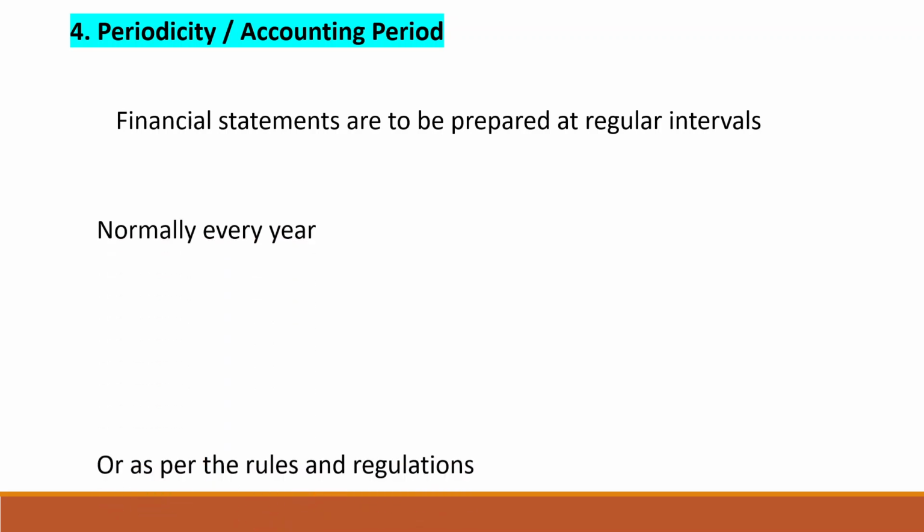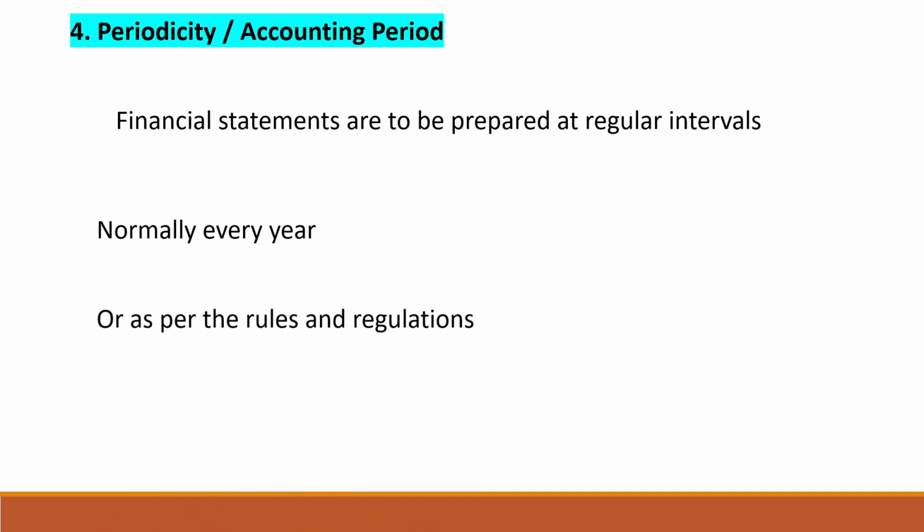But in certain cases, as per the rules and regulations, financial statements can be prepared quarterly as well. So we know that all the listed companies are required to prepare their financial statements for every quarter, right? So as per the periodicity concept, financial statements are required to be prepared at regular intervals, right? This is a simple concept.